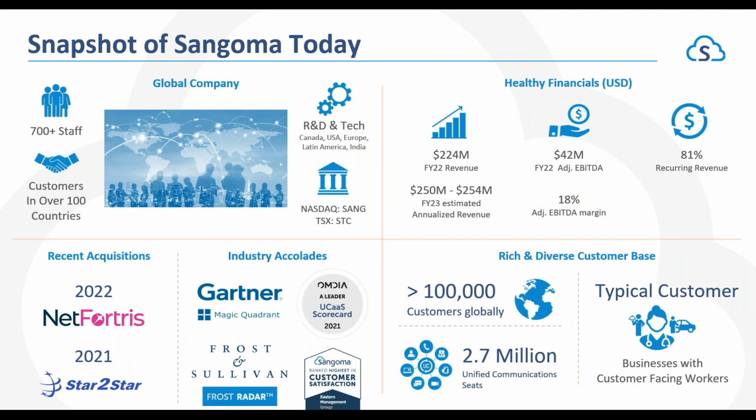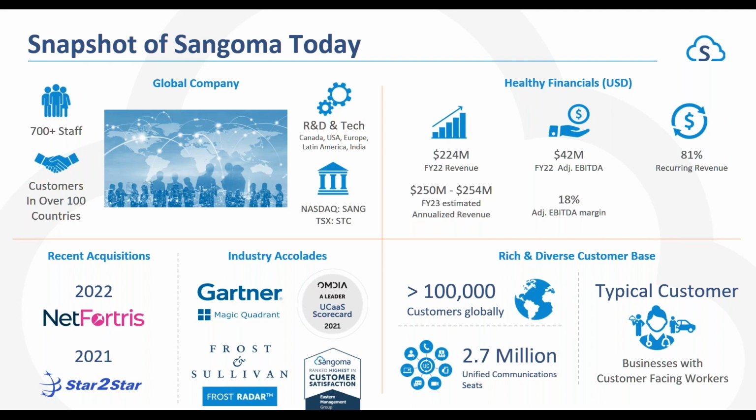Sangoma as a company, we are a global company. We are listed on NASDAQ and Toronto Stock Exchange. We have 700 plus staff working globally in many regions. Our engineering and technology teams are across US, Canada, Europe, India.